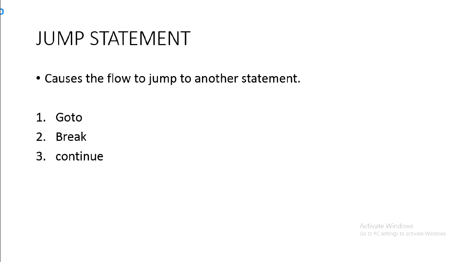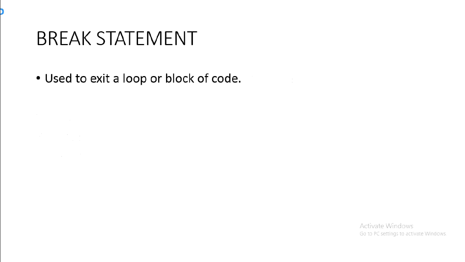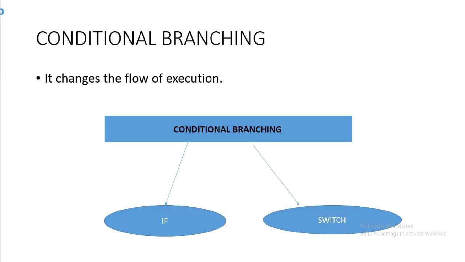The break statement is used to exit a loop or a block of code. We'll be learning about this when we learn about the switch statement. So there are conditional statements, or conditional branching, and you can see it is basically of two types: if and else. It changes the flow of execution.